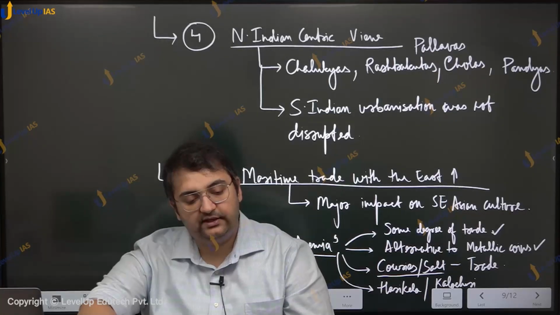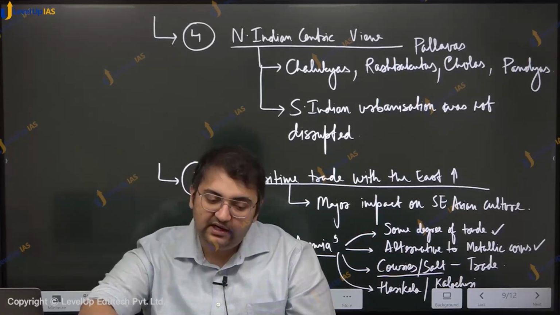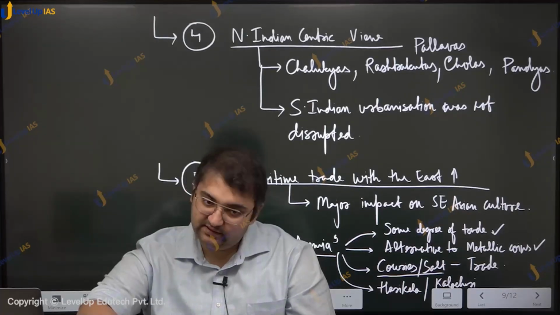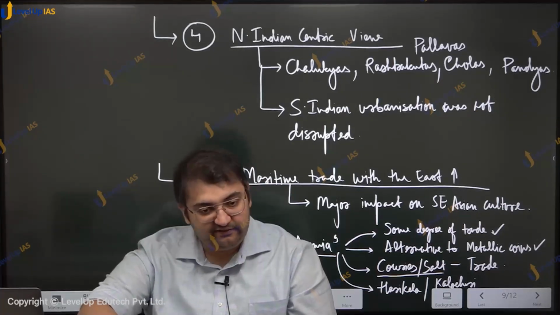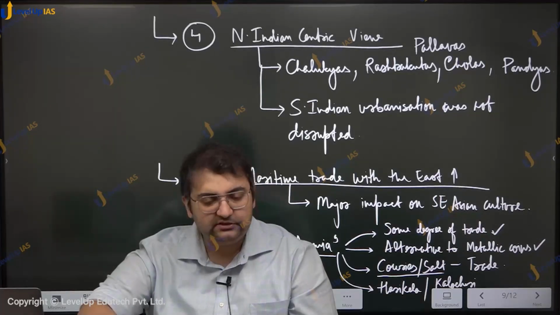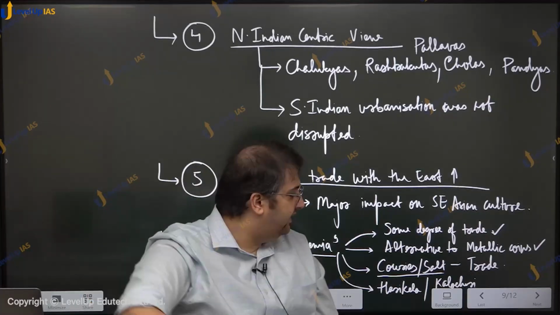Cowries वहीं से आ रही थी. In fact, not even from the Indian coast, most of the cowries were coming. What was the main source? The Seychelles. ठीक है. तो Seychelles से इंडिया का कनेक्टिविटी था. This indicates that long distance trade was not dying. In fact, it was flourishing. Next point.